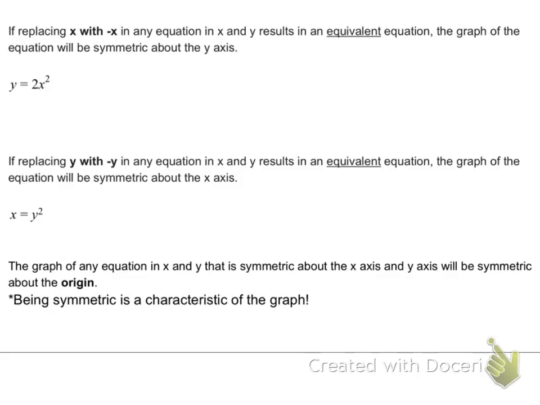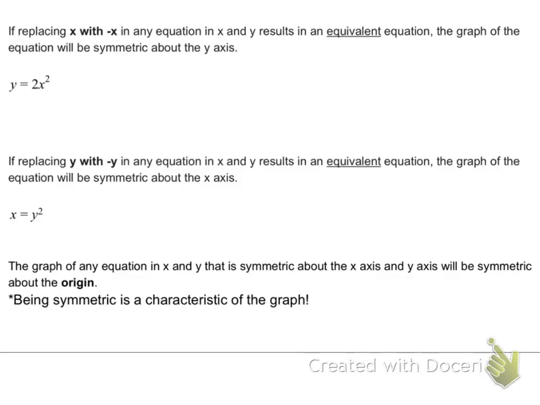And so, how can I tell if something is symmetric about the y-axis? So if I want to be symmetric about the y-axis, as in here, it says that if I take x out of an equation and replace it with a negative x, the resulting equation is equivalent to the original.